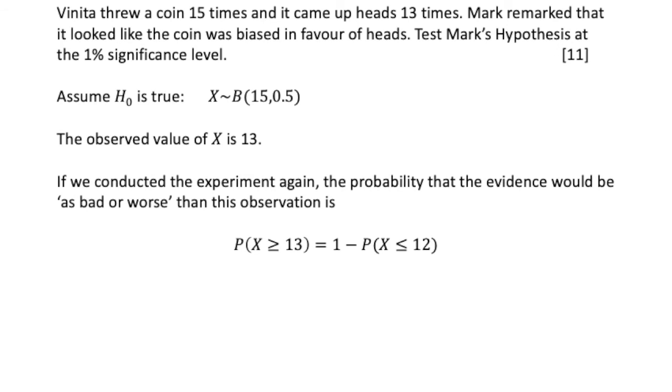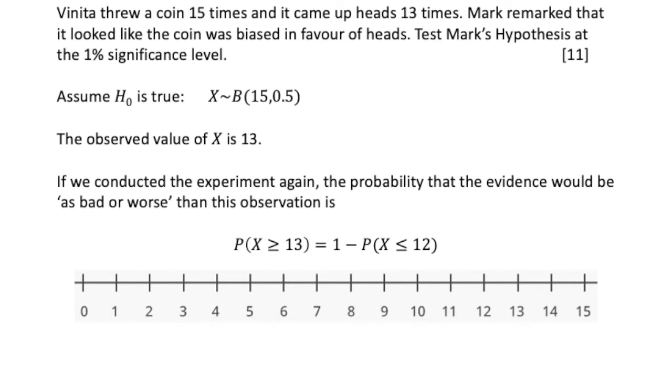So do you understand the last line that I put on the screen there? In case you want some clarity, here I've just depicted a little number line. This displays the possible values of x. If I toss a coin 15 times, I might get 0 heads or 1 head or 2 heads or all the way up to 15 heads. We were asked to calculate the probability of getting either 13 or 14 or 15 heads.